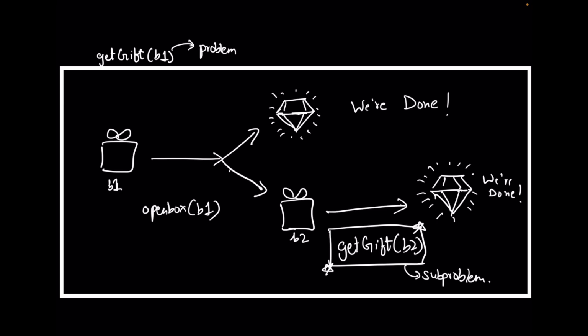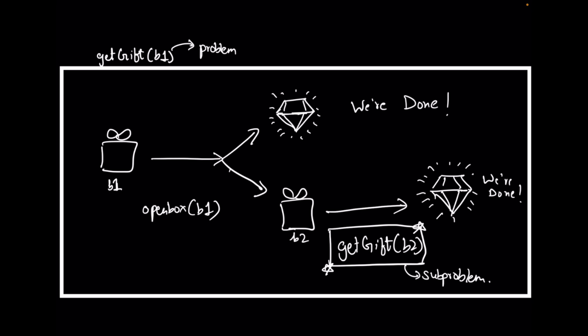We can now use this gift that we got from the B2 box and just say that this was the gift that was actually present in the B1 box, right? So solving the subproblem here of getting the gift from the B2 box allows us automatically to solve the bigger problem, right?